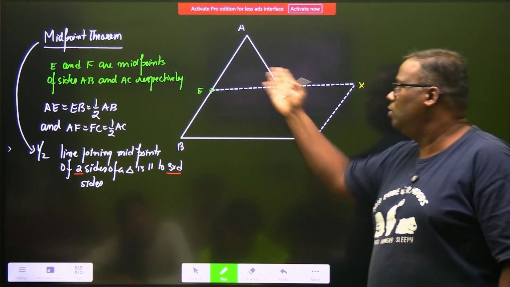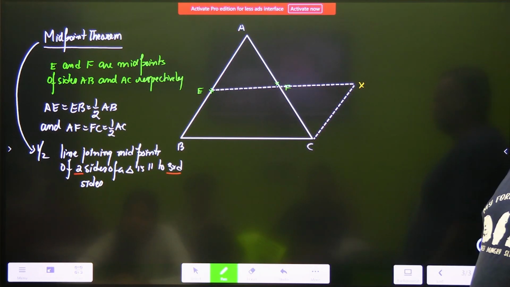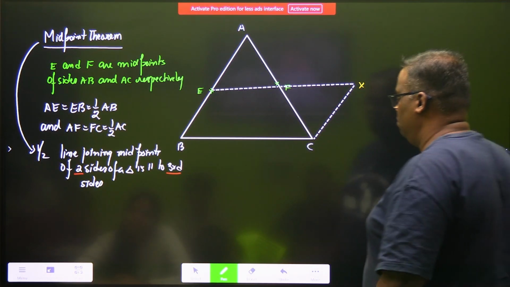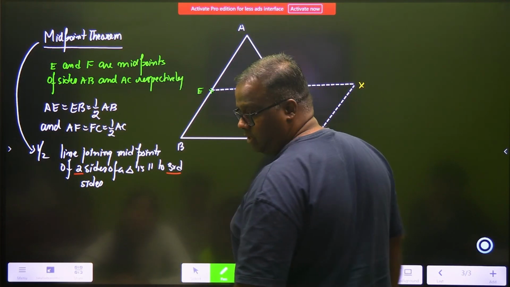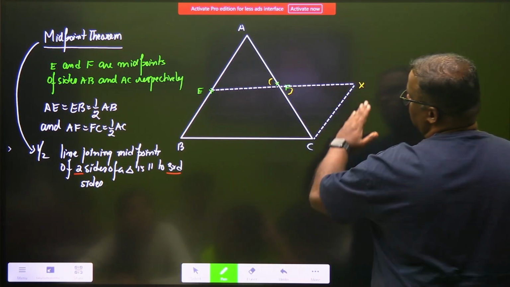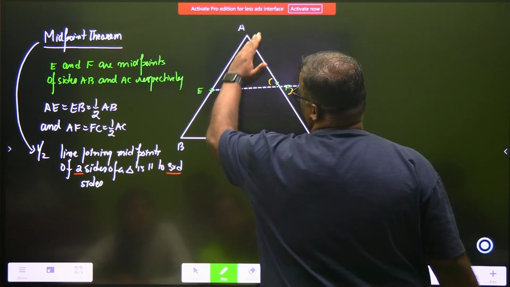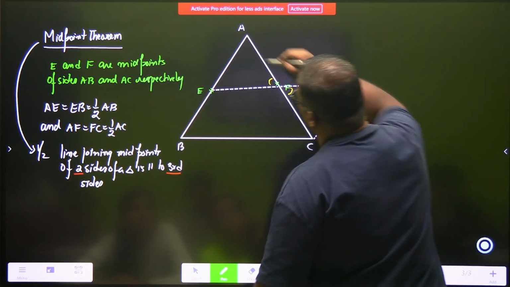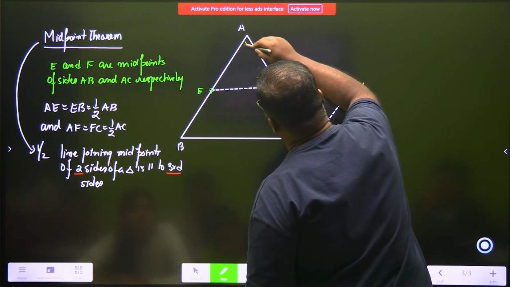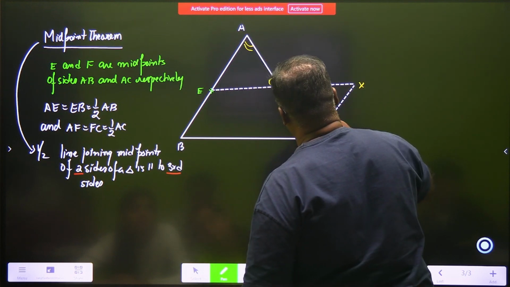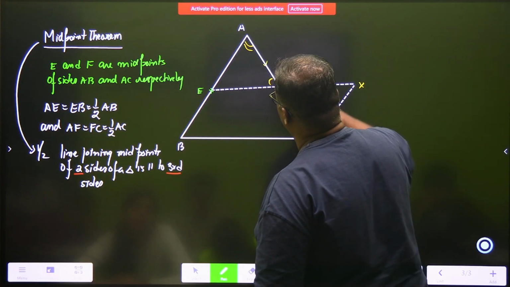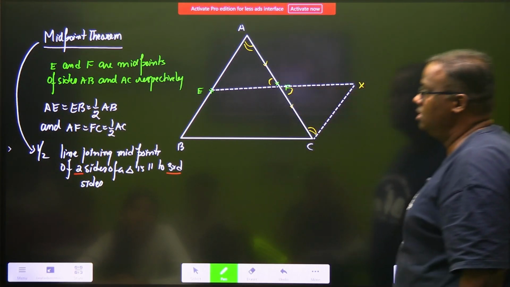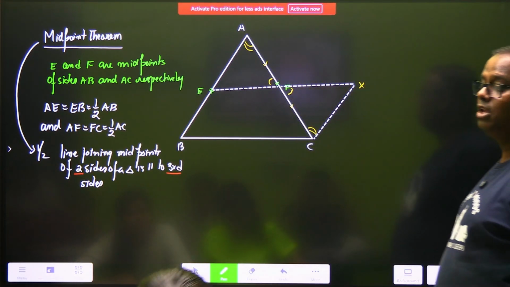Now try to prove these two triangles congruent. How will you prove them congruent? Very easy. Don't you think this angle is equal to this angle, vertically opposite? Since you have said this is parallel to this, don't you think as alternate interior angles this angle should be equal to this angle? And you already know that this side is equal to this side, half of this. So these two triangles become congruent.